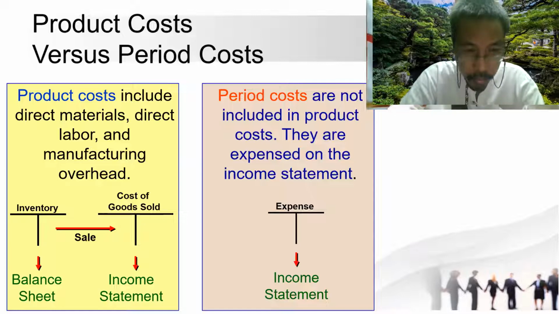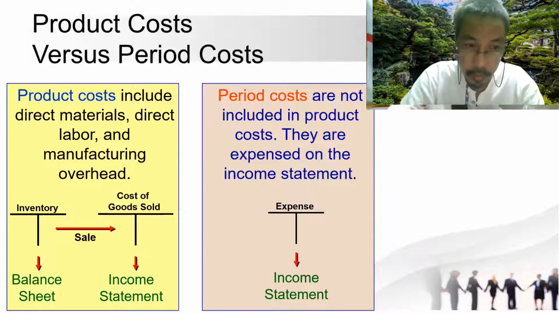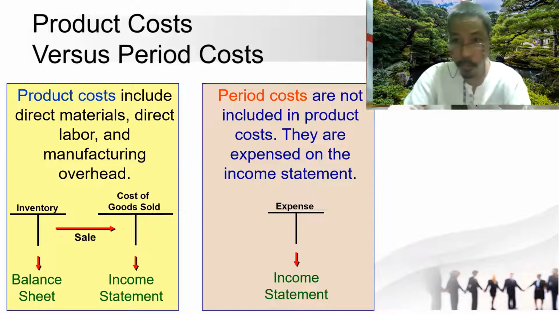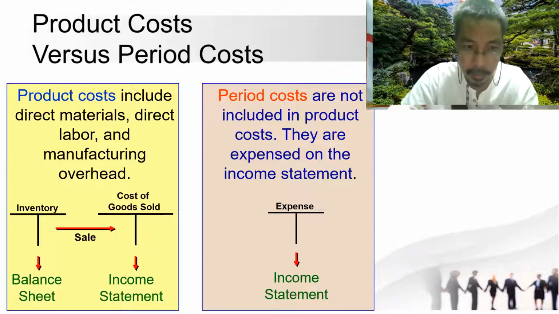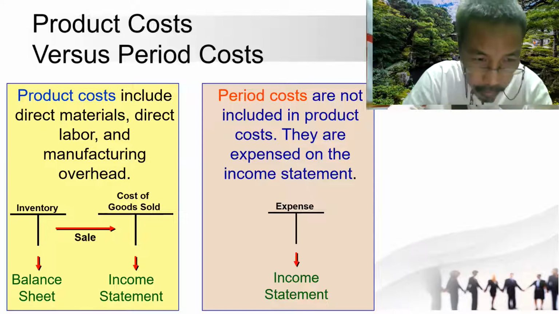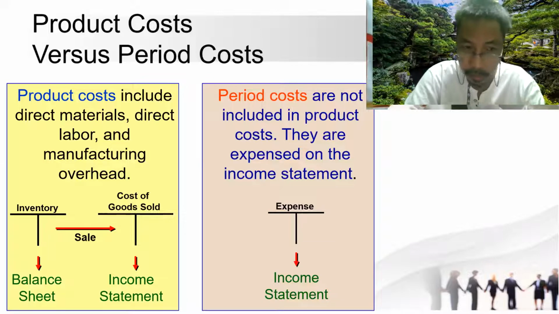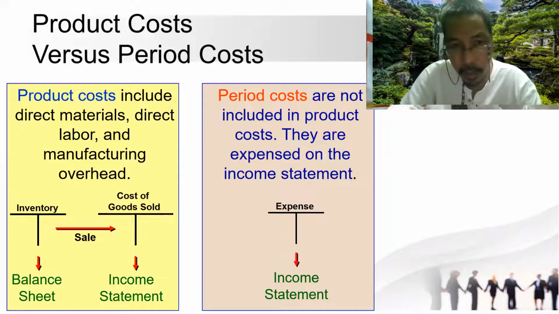Cost of goods sold. So there is a cost in coming up with those full product. So those costs that you incurred in making the product is what we call cost of goods sold, and that is to be reflected in income statement. So inventory to be reflected in balance sheet, cost of goods sold, income statement. How about period cost?